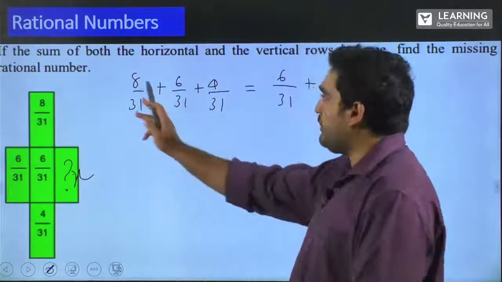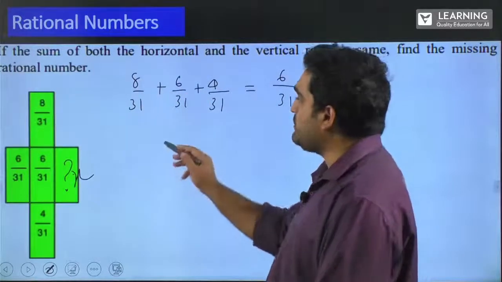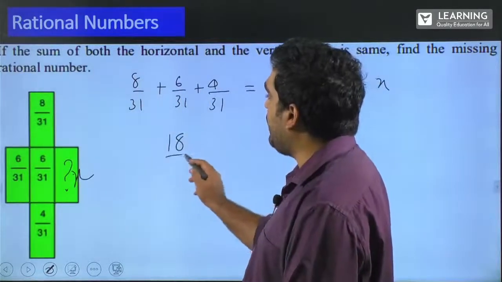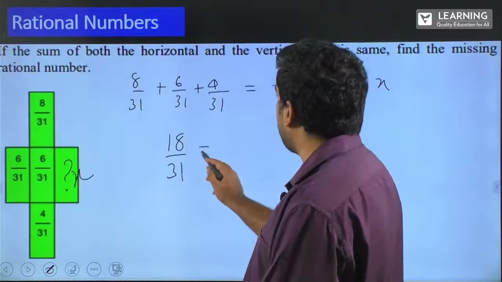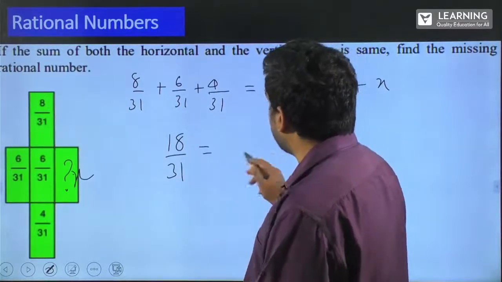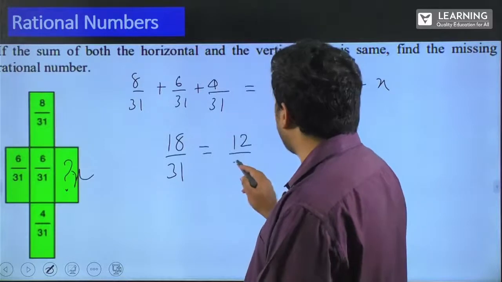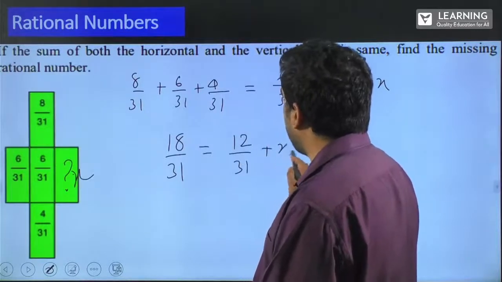Denominator the same, so 8 plus 6 plus 4 is 18 by 31, which equals 6 plus 6 is 12, 12 by 31 plus x.